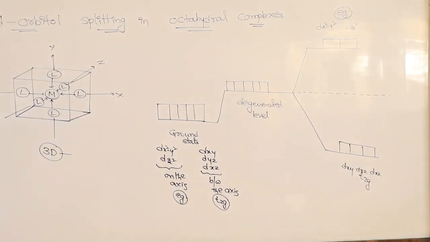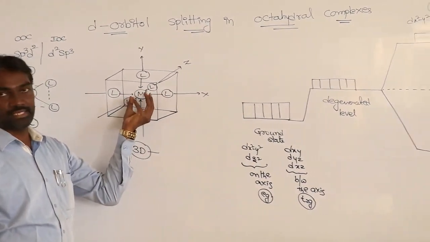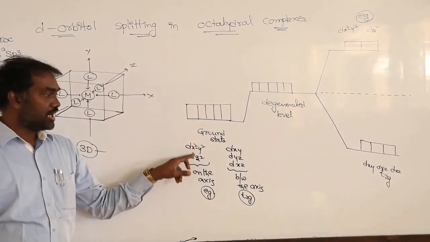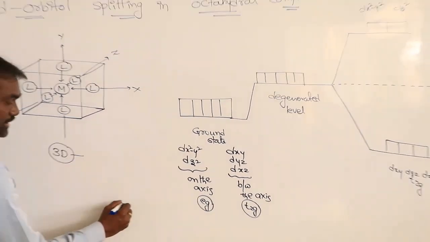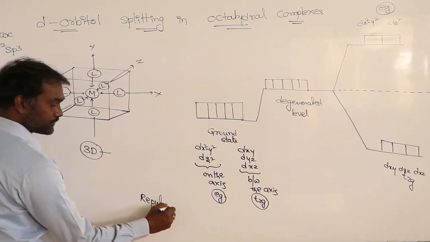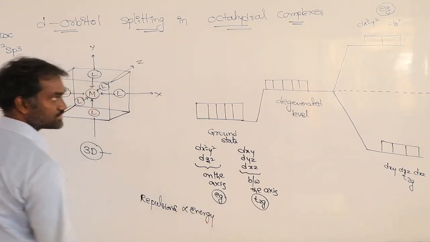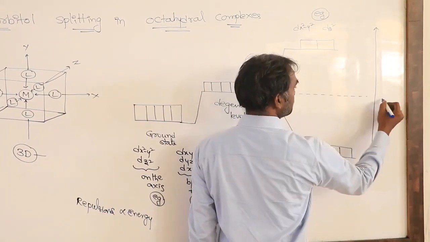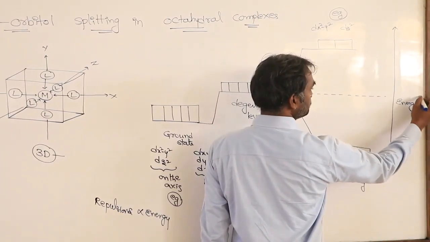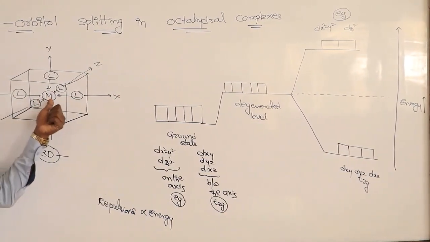What you can write in the notes: in octahedral complexes, the ligands approach the metal on the axis.